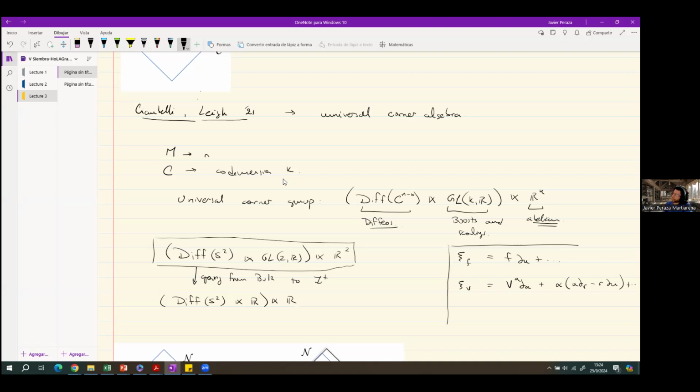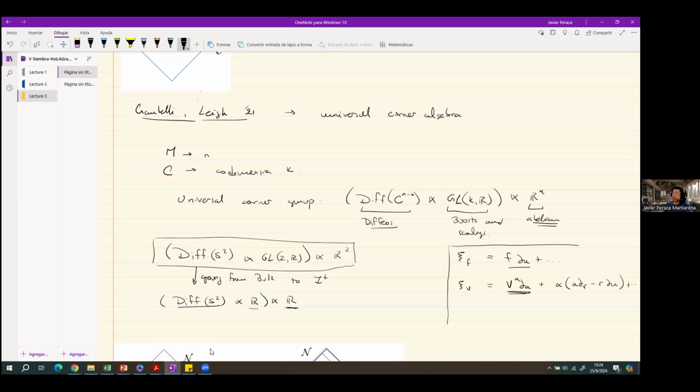And if you look at this, you see that this one corresponds to this direction, because this supertranslation is abelian and it corresponds to the abelian part of the reduced group. And the superrotations generated by these here are the diffeomorphisms of the sphere.